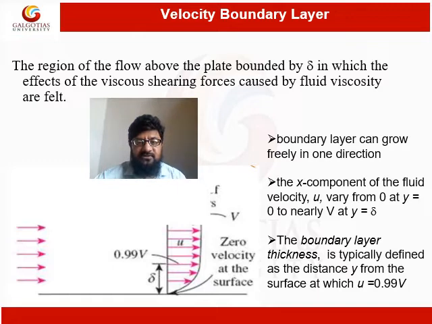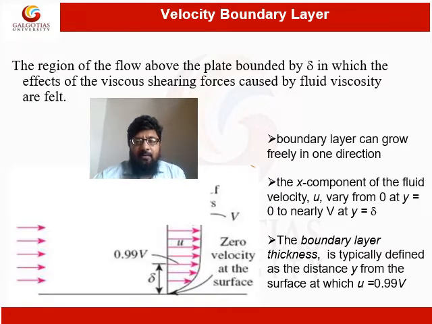So there exists a velocity gradient, and the point up to which the velocity reaches the uniform velocity value is known as the boundary layer thickness. This boundary layer thickness grows as we move along the x direction, from left to right here.